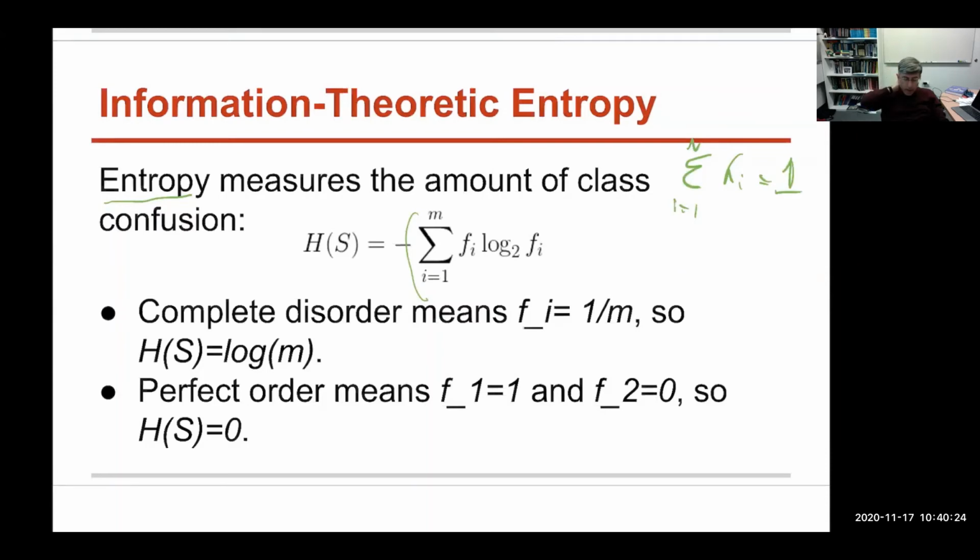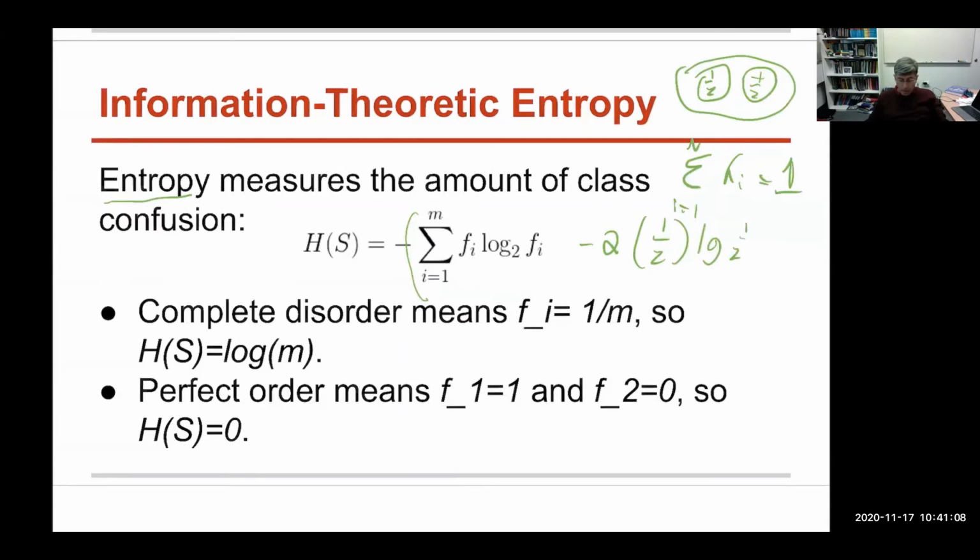If we have a world where at a node we have, let's say, two classes, what is the most confused we can be? I'm going to claim it's if half of them are of class 1 and half of them are of class 2. If that's true, what does the breakdown look like? The entropy is going to be minus 2, because we're summing this up, times the fraction of being in each class, that's 1/2, times log of 1/2.